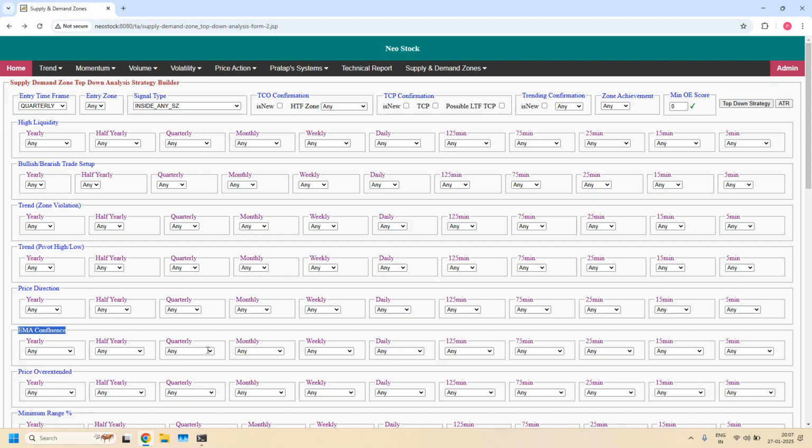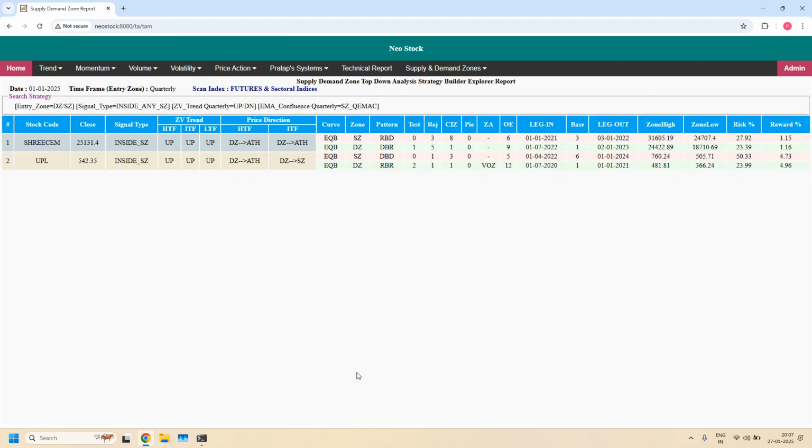In the EMA Confluence, quarterly time frame, quarterly supply zone having quarterly EMA Confluence, and trend on quarterly time frame, up or down. Let's filter. So both these quarterly supply zones are having quarterly EMA Confluence. Good. So this is about quarterly time frame.